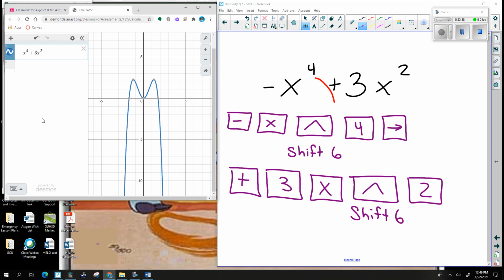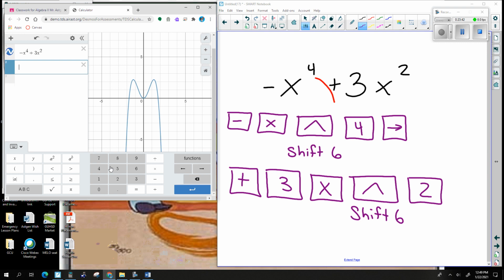Again, if you totally get lost, that's not a big deal. You can use this keypad if you're used to this. So negative x to the, I think they have to this b, yeah, to this b for 4.